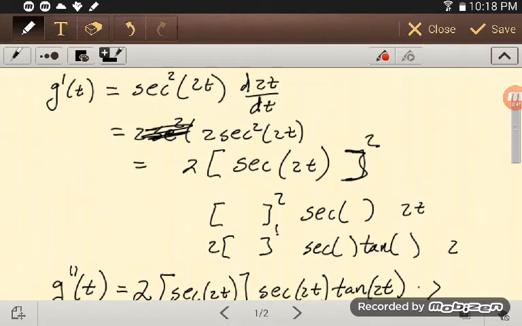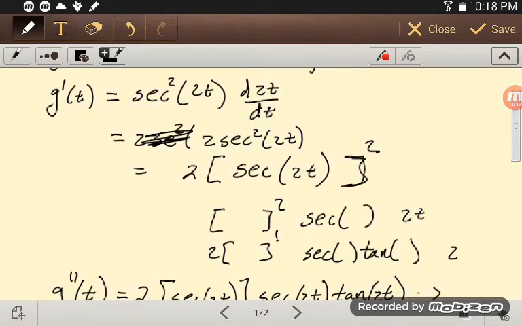It looks like I got 2 times secant squared of 2t.